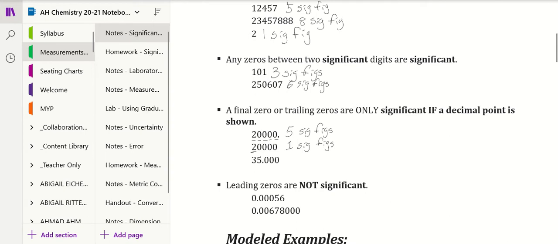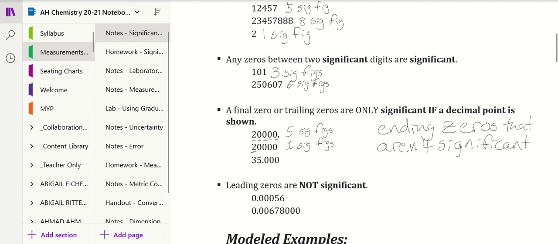So ending zeros that aren't significant are called placeholders.